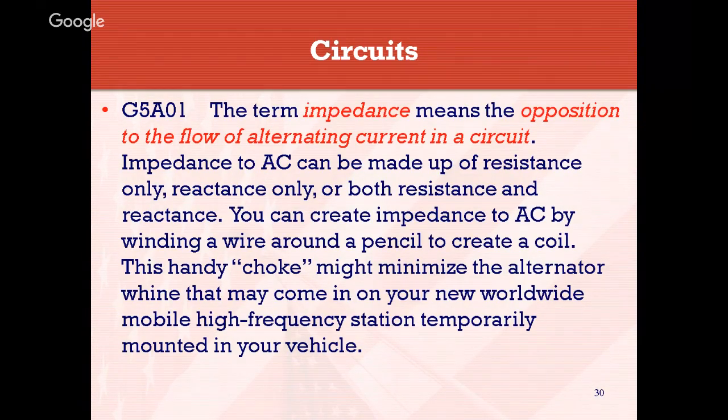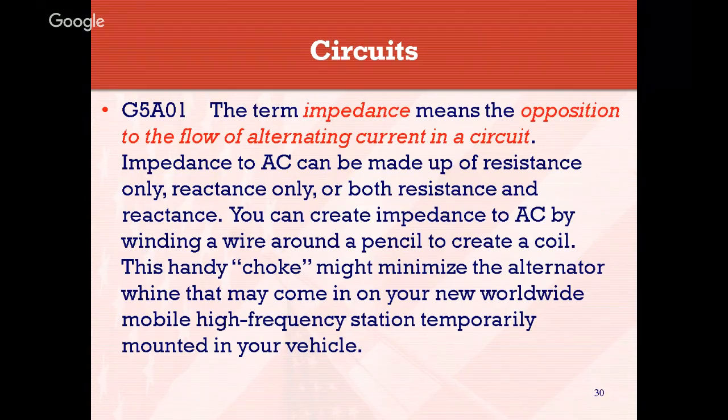The term impedance means the opposition to the flow of alternating current in a circuit. So impedance to AC can be made up of resistance only, reactance only, or both resistance and reactance. And you can create impedance to AC by winding a wire around a pencil to create a coil. This is called a choke. And this little handy choke might minimize the alternator whine that may come in on your new worldwide mobile high frequency station, which is temporarily mounted in your vehicle.